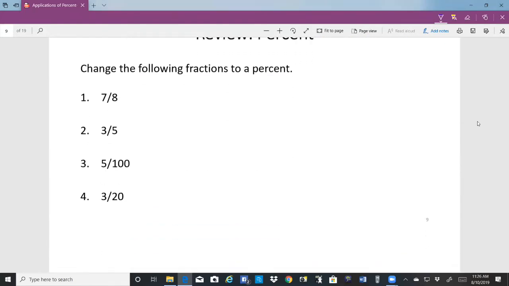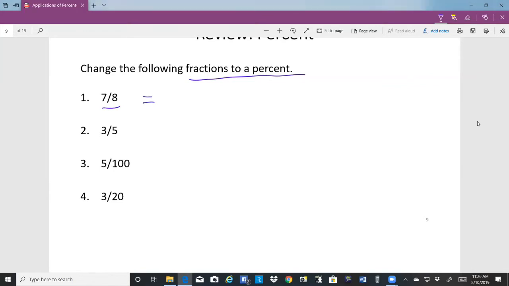Now let's take these fractions and convert to a percent. What I would do is just put this in your calculator, and just about any calculator would be able to do this.